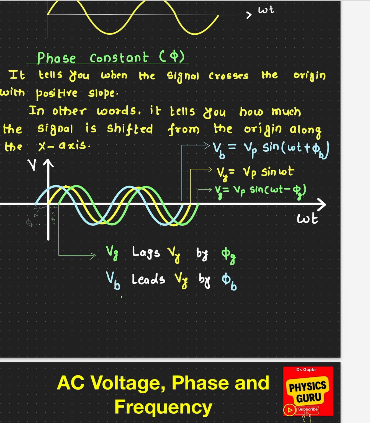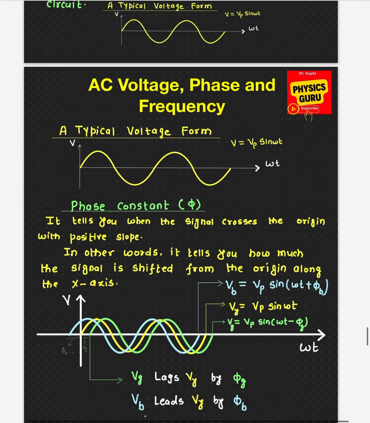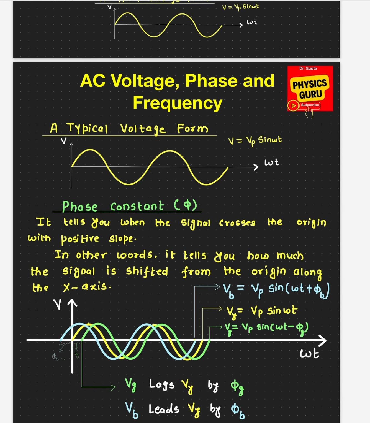In simple words, if I have to write down this equation from the graph: if the blue one crosses to the left, then it has a positive phase constant. If it crosses to the right, then the phase constant would be negative, and we write negative phi g here. And if it crosses right at the origin, then there is no phase constant, or the phase constant is 0. That's the main thing you have to understand in this video.